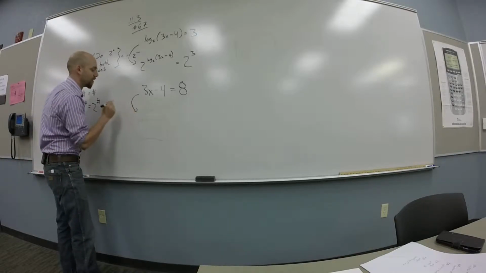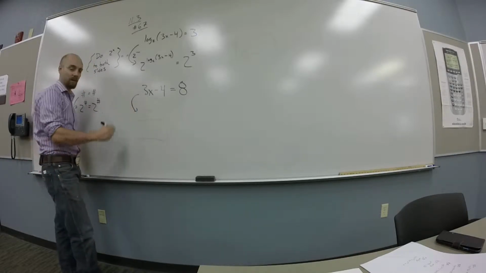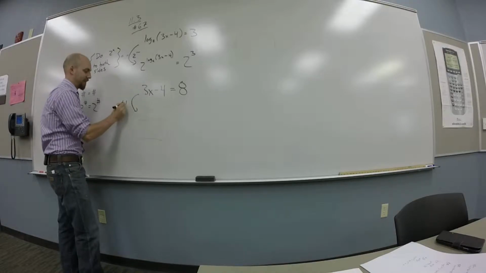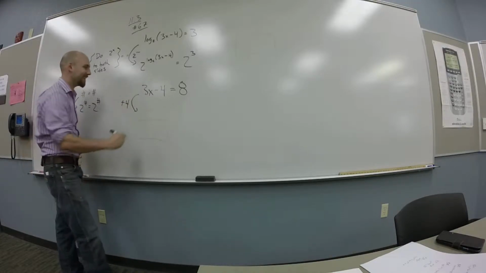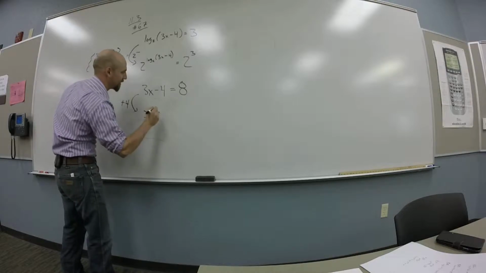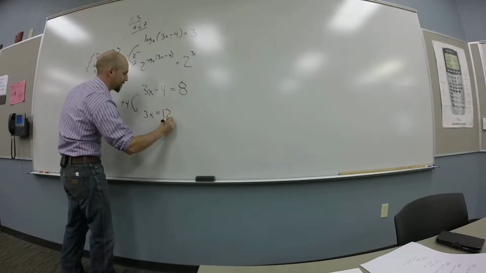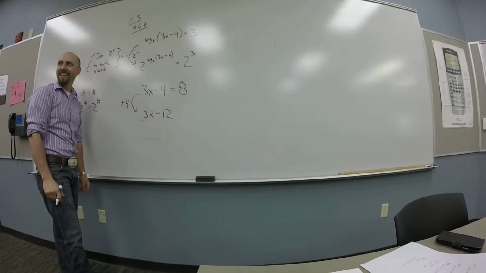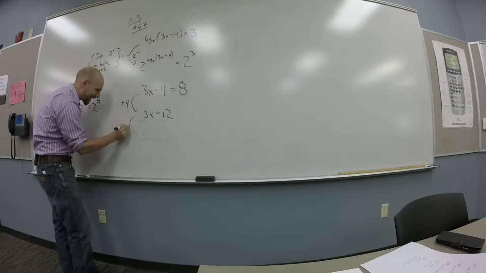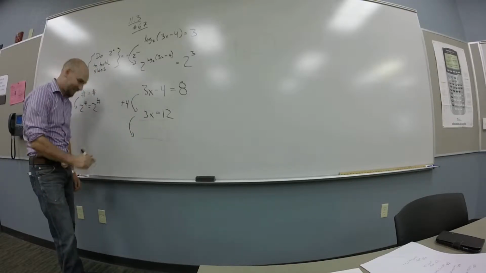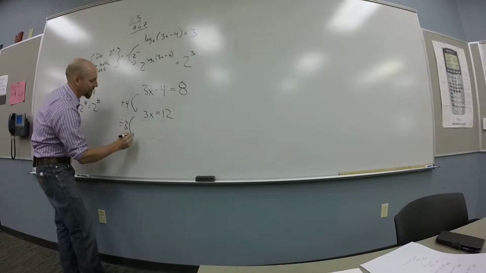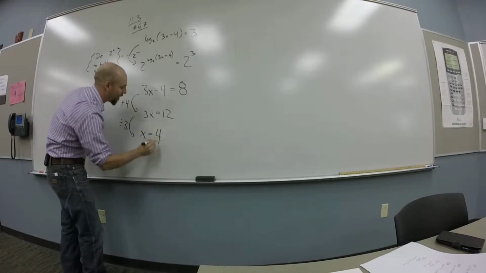So what do I do first? Add 4, sorry. Add 4, right? So I get 3x is 12. And then I divide by 3. So I get x is 4, right?